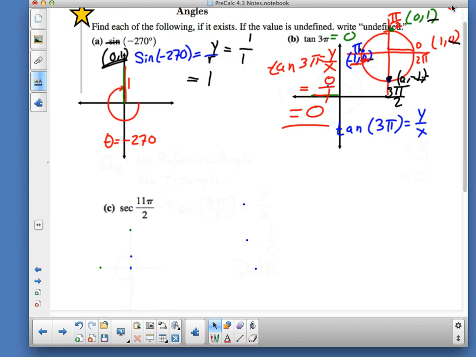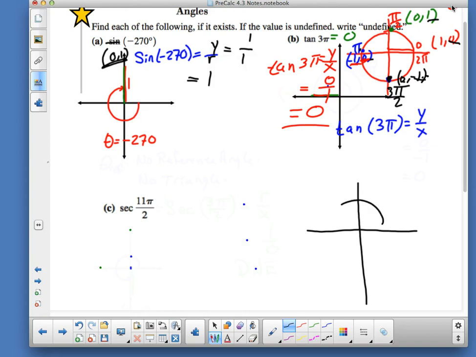Secant, 11 pi over 2. Okay, I'm going around 2 and 3/4 times, or whatever when we do this. So let's look at what we've got. I'm looking at this going around right there.